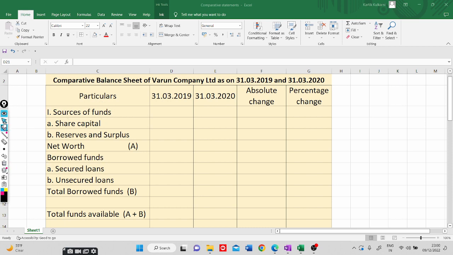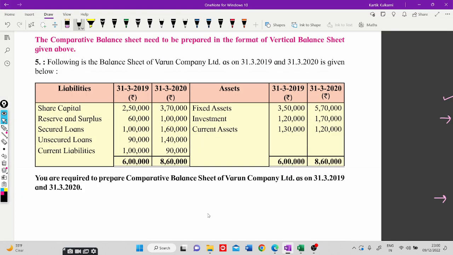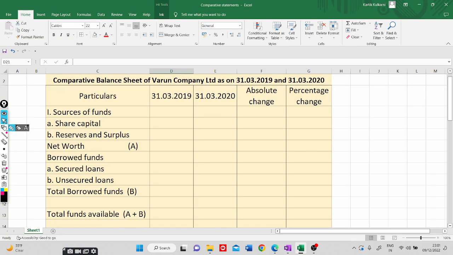First we will refer to the balance sheet here. Share capital and reserves and surplus both will come under owners fund. We will write them one below the other as mentioned here, share capital and reserves and surplus.